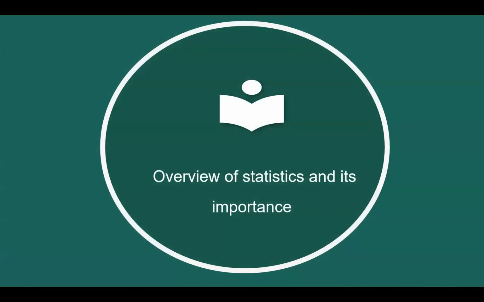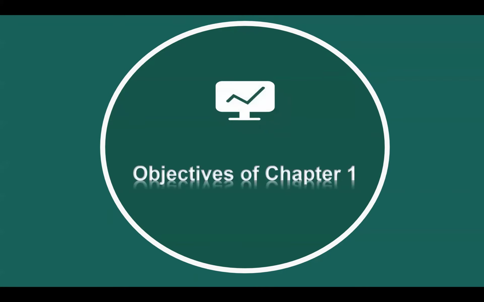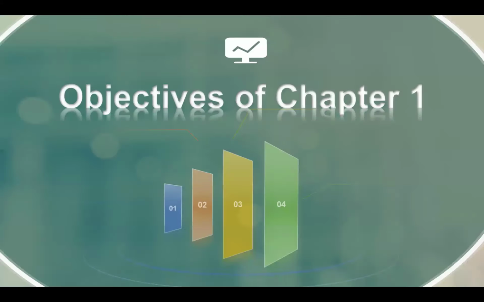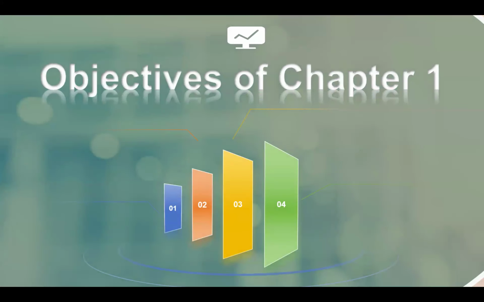Now in this video, we will focus on the first section in this chapter, which is overview of statistics and its importance. Let's move on to the learning objectives of this chapter. By the end of this chapter, you will be able to classify statistical variables according to their nature.